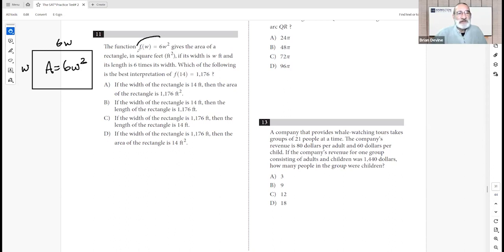This is a function where we can tell the area given the width. And so if f of 14 equals 1,176, the width must have been 14. So the width of the rectangle is 14, and the area must be 1176. So A is your best answer.